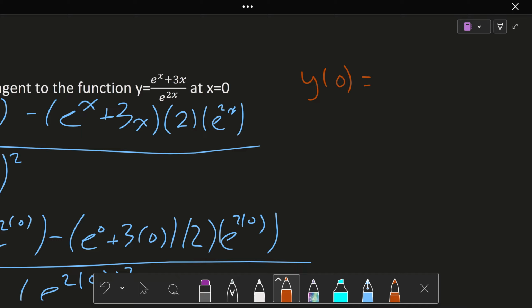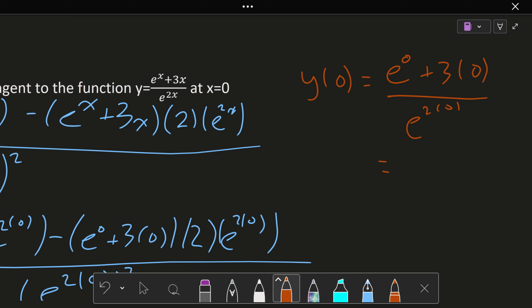So y at 0, again, I'm just going to plug in my original equation now. I'm not doing y prime at 0. I need a point on my original function. So I'm just finding y at 0. It's going to be e to the 0 plus 3 times 0, all over e to the 2 times 0.